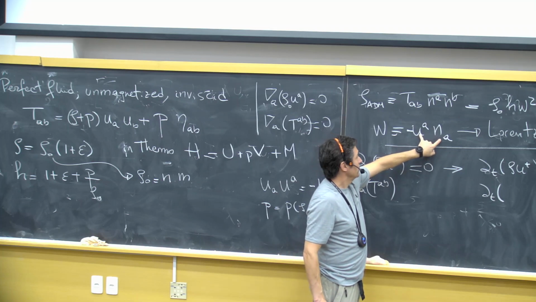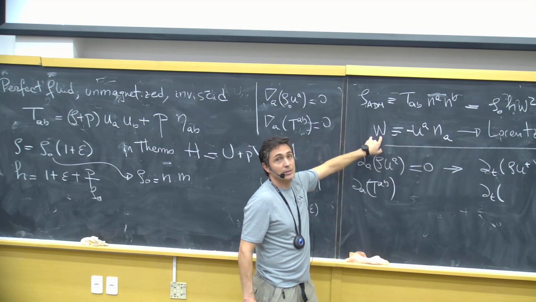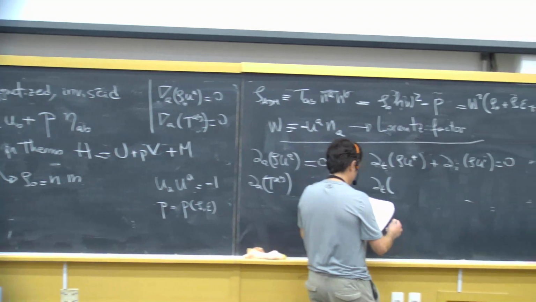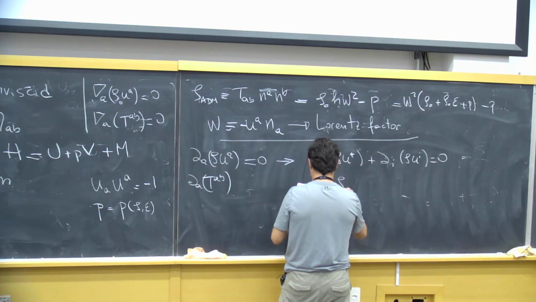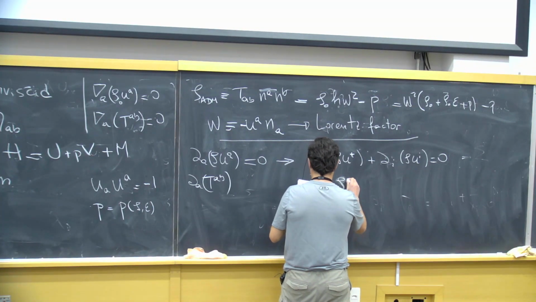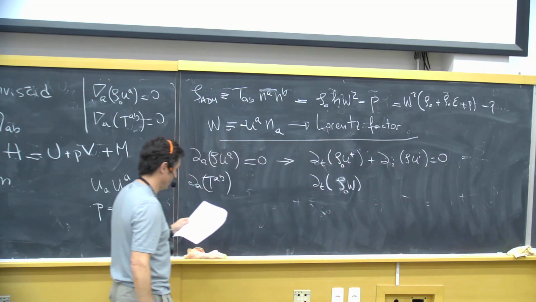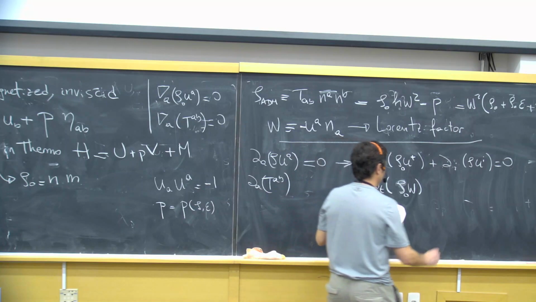Right? But u^t is W, the Lorentz factor. So I can rewrite this in the following way. Sorry, and this is ρ0, I forgot the ρ0.